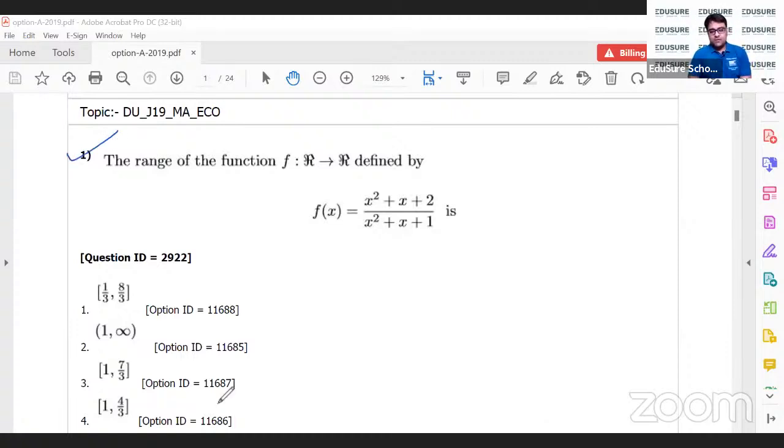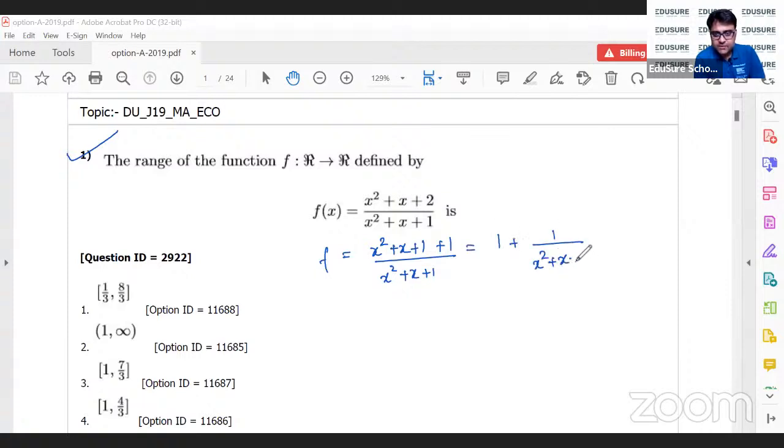DSC 2019, question number 1. Range for this function. The way that I'll think about this is as follows. This can be written as (x square plus x plus 1 plus 1), so 1 plus 1 by (x square plus x plus 1). Now, let's understand what can be said about this expression. If I take g equal to x square plus x plus 1, what will be the maximizing or minimizing value for this? g dash is 2x plus 1.